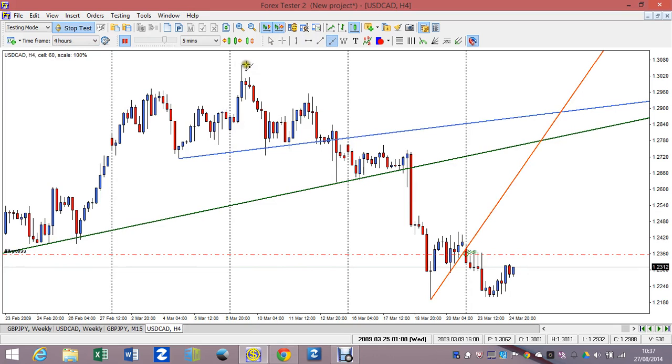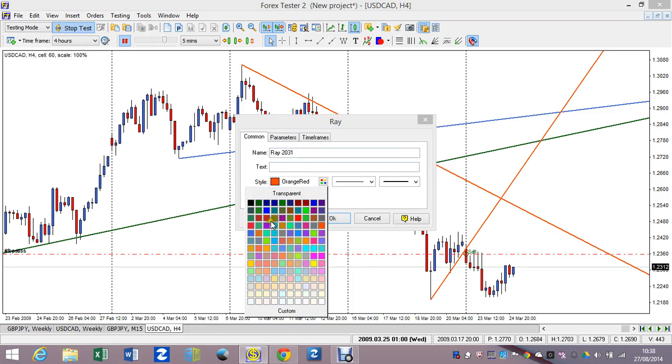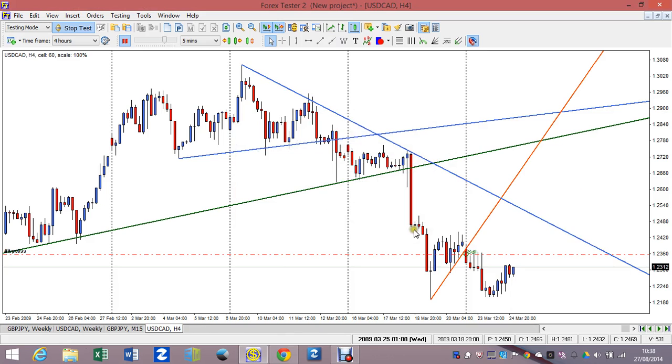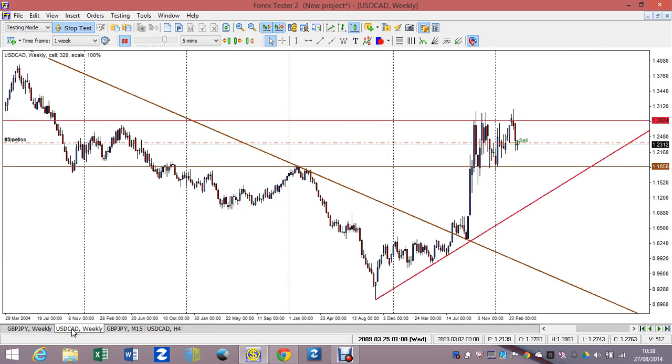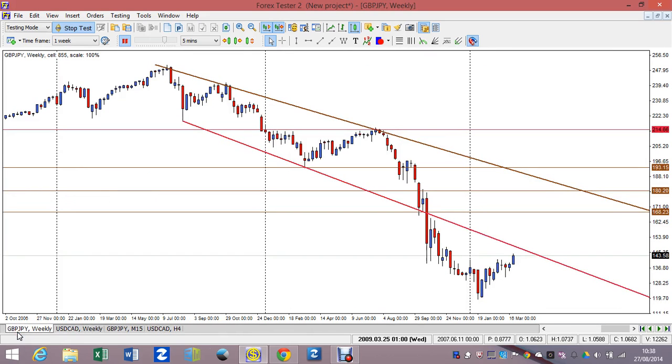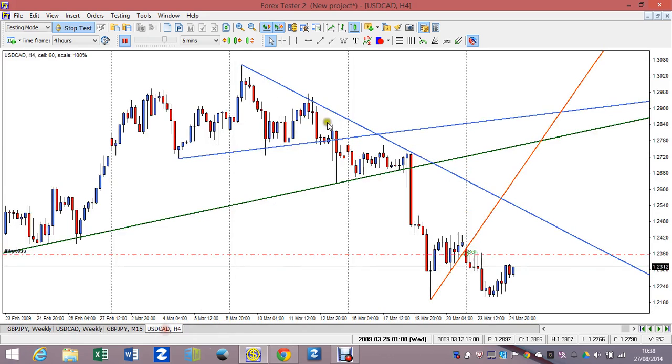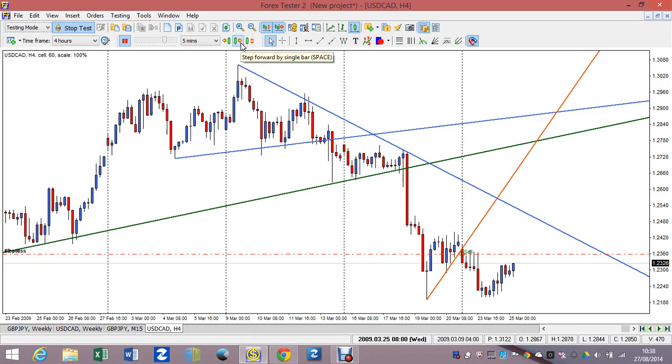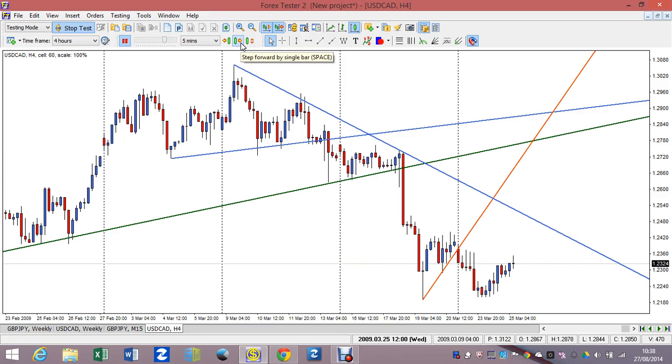You can see there's a kind of a descending line here, which maybe it is looking to come up and retest. Out again at break even.